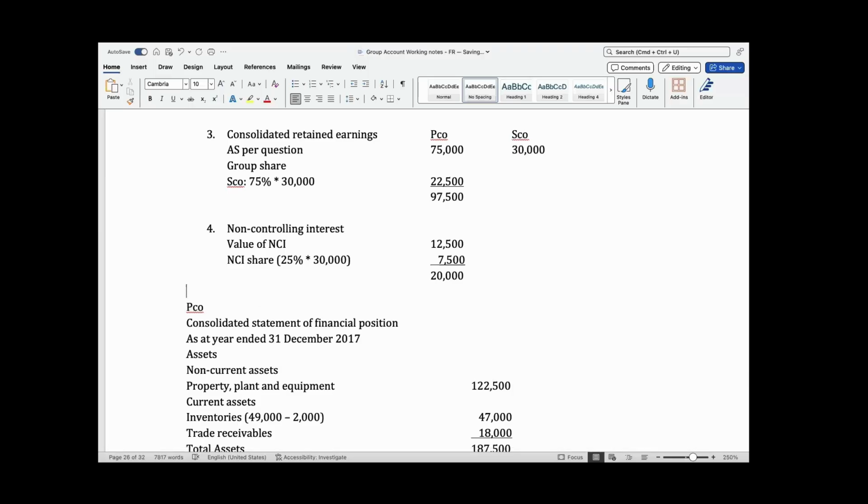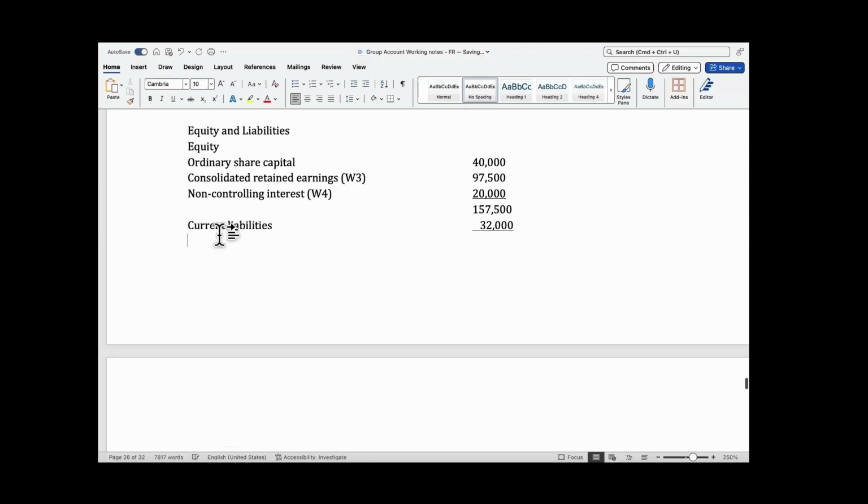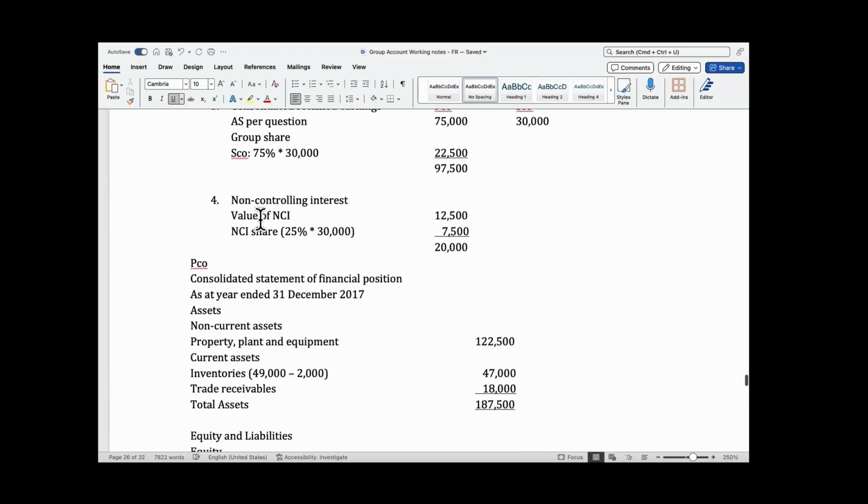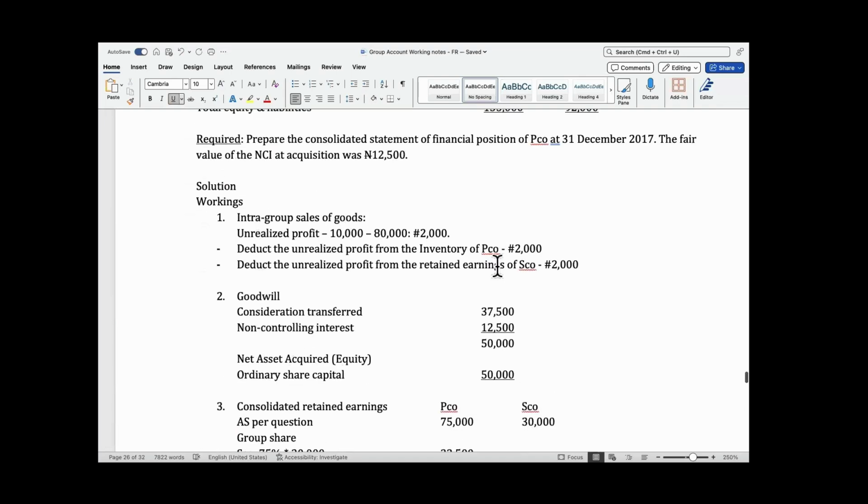So my total equity and liabilities gives me 187,500. So the only thing that is new in this question is how to treat this. Every other thing is something we have looked at before.